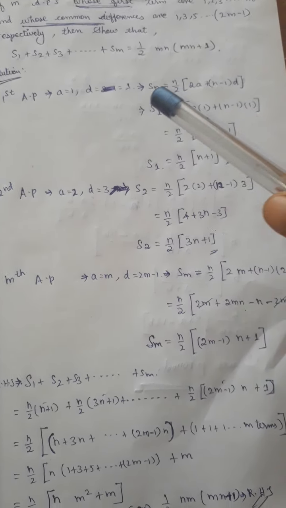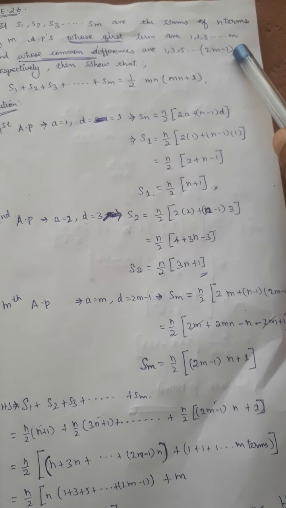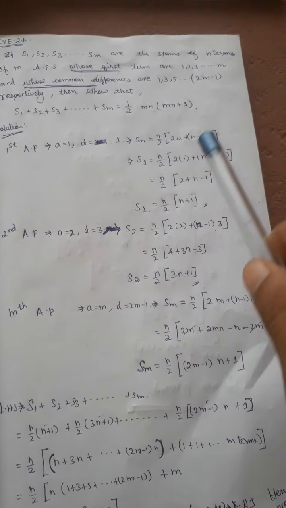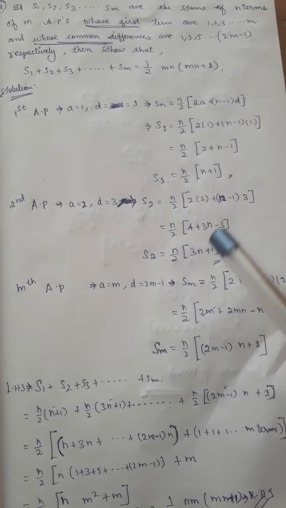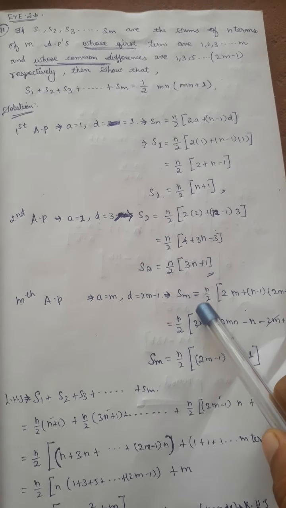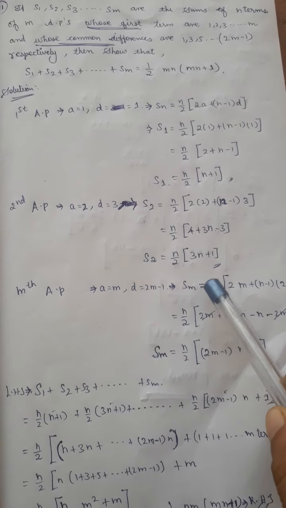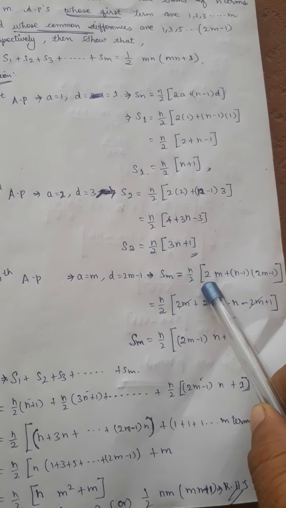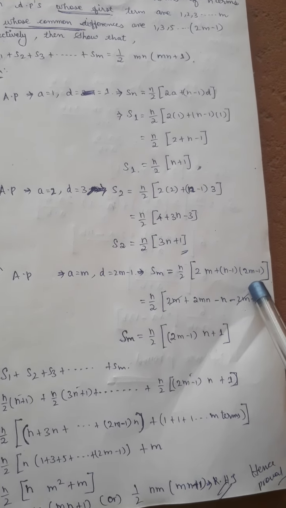Like this we have to find all the terms, up to the last term: m is the a value, 2m minus 1 is the d value. So substitute in the same formula, Sm equals, because this last term name is Sm, n by 2 into 2m plus n minus 1 into 2m minus 1.